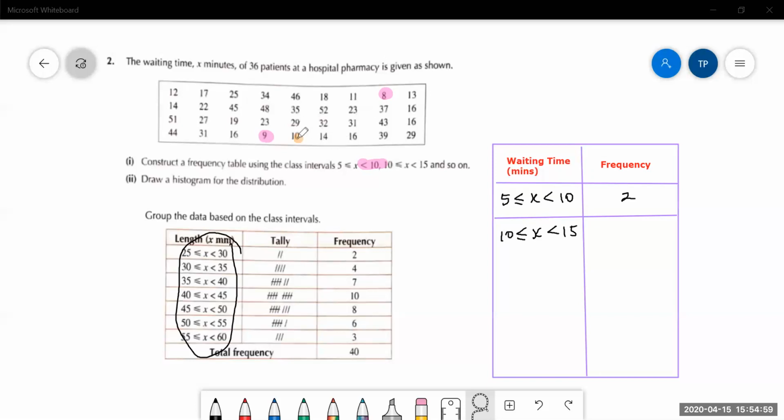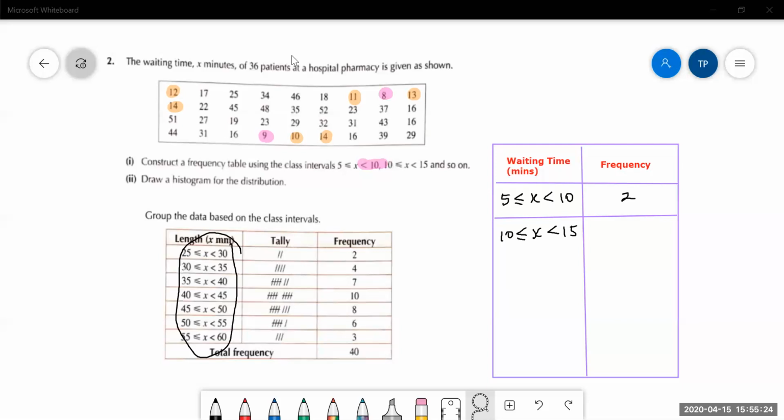So we have 10 here, 11, any others? 12 here, any others? 13, is there more? 14, yes. Underneath 12, oh yeah. Any more? Shouldn't be. No more already, right?